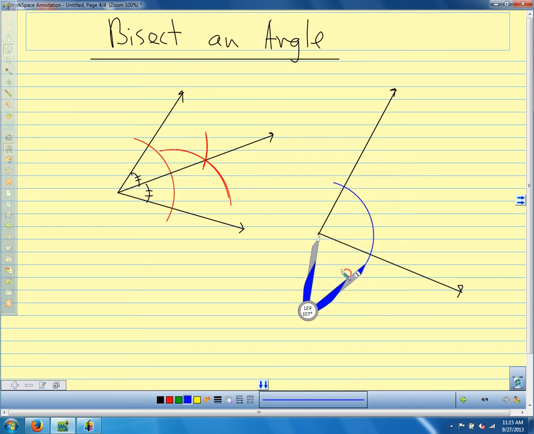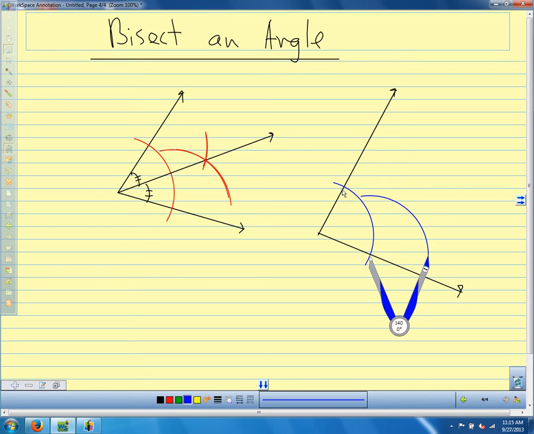Like so. Doesn't matter how big this arc is, just any one through both sides. Now I set the point where the arc crosses the angle, and my compass needs to be open more than halfway across. Not enough, not enough. That's enough. Make that arc.